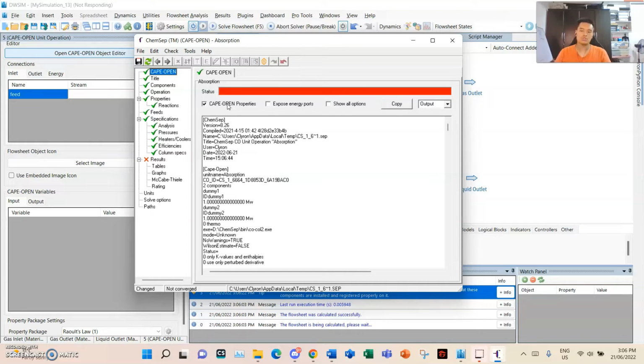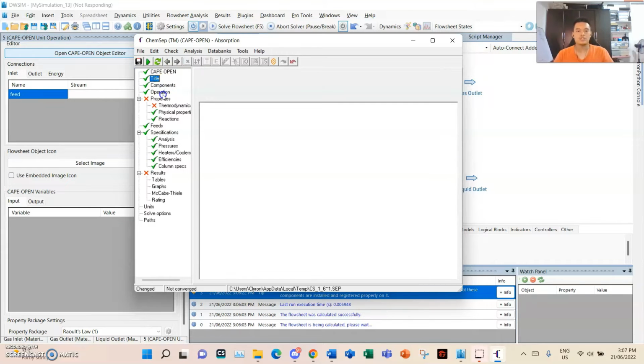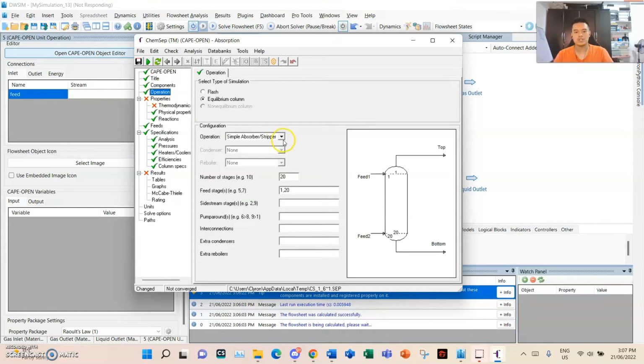And since we use Raoult's law, that means we don't need to use the property package of CAPE-OPEN. So we'll just uncheck this. And we don't need to expose the energy ports anymore, since we only need to solve in terms of mass transfer. So there's no need for energy ports.